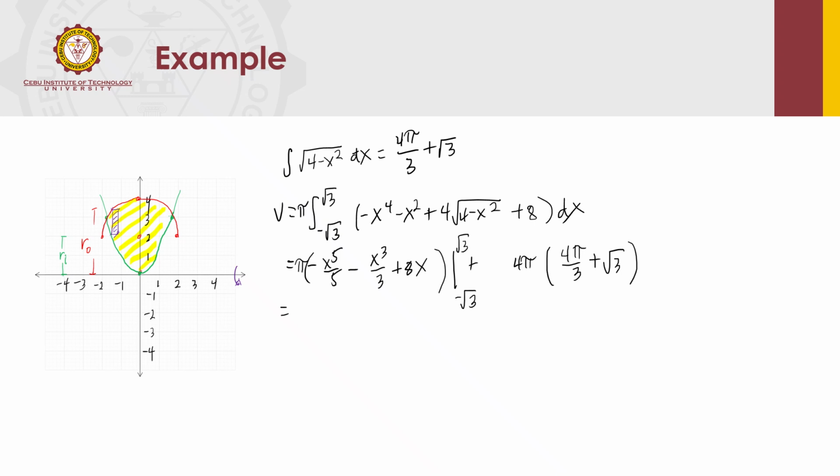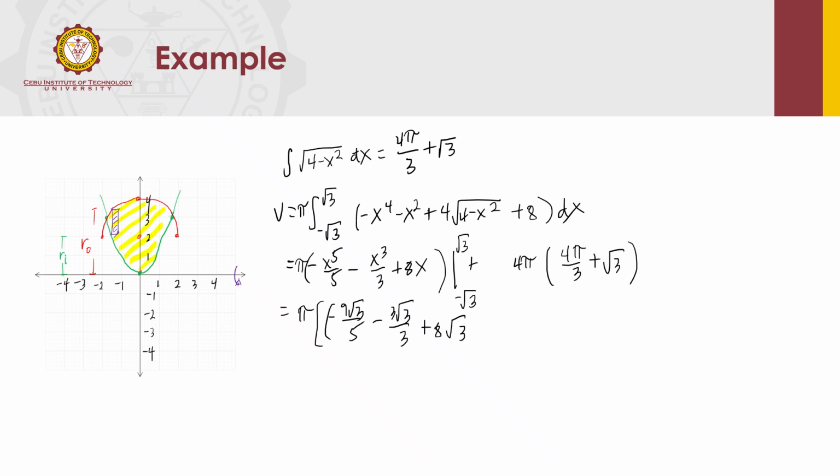So pi times, square root of 3 to the 5, so that's 9 square root of 3 over 5 minus 3 square root of 3 over 3 plus 8 square root of 3.